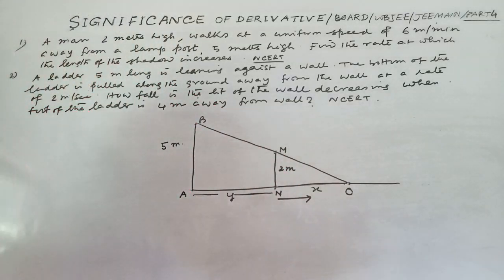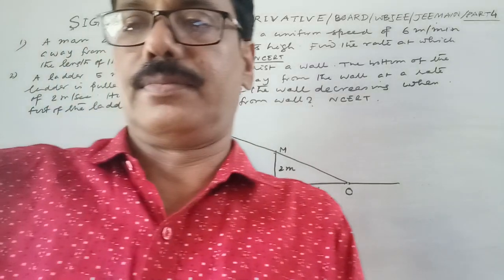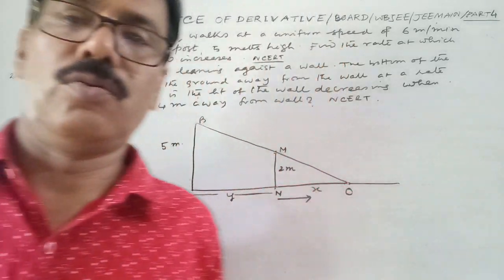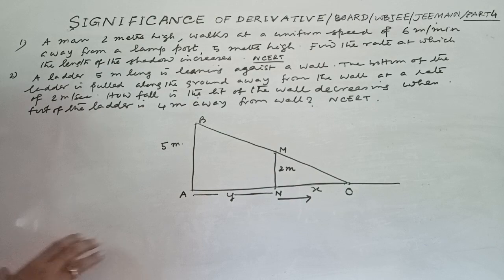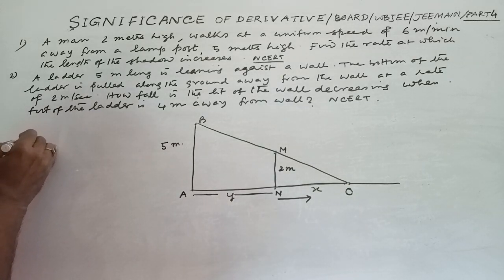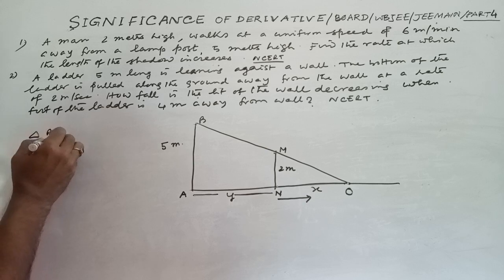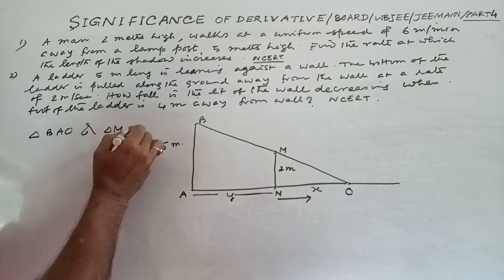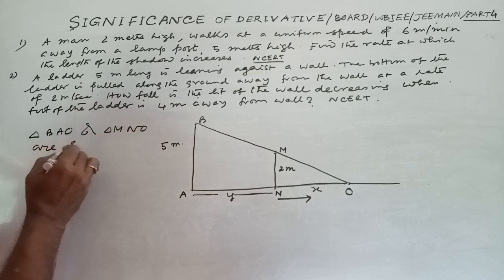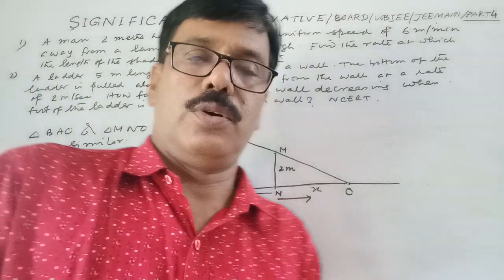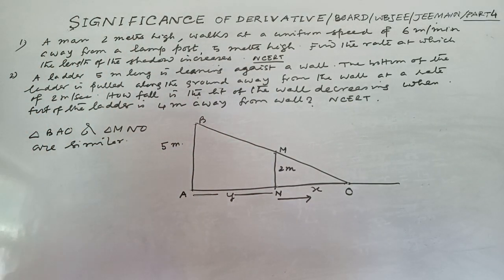Now look, we have to find a relation between x and y from similar triangles. Triangle BAO and triangle MNO are similar. So you know corresponding sides are proportional.